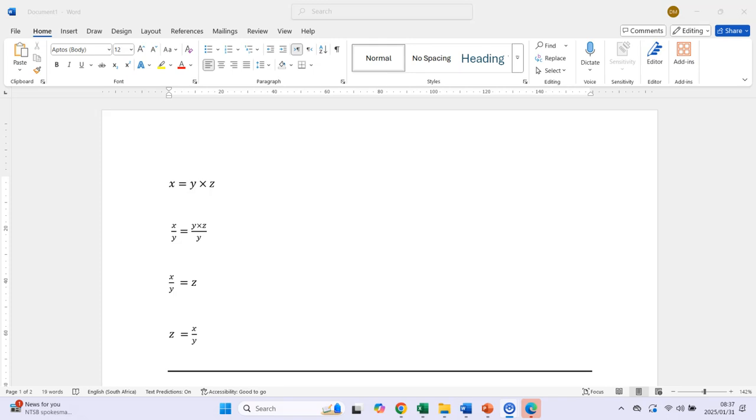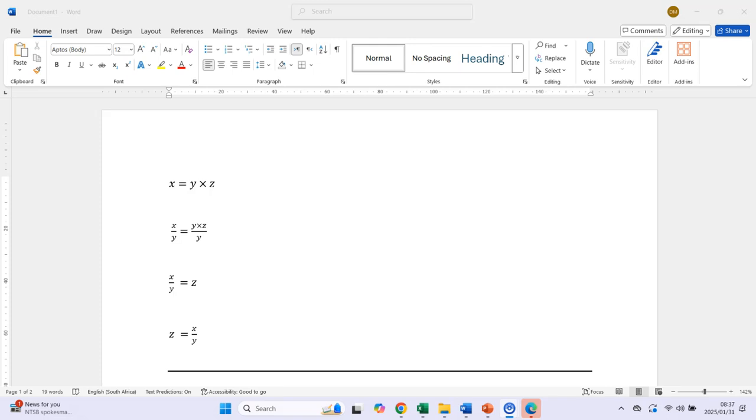So we're going to start with this generic formula of x equals y times z. Now, let's say we want to solve for z. That means that we need to get z on one side of the equal sign on its own. So that means that we need to get rid of y. So we can get rid of y by dividing this equation by y.